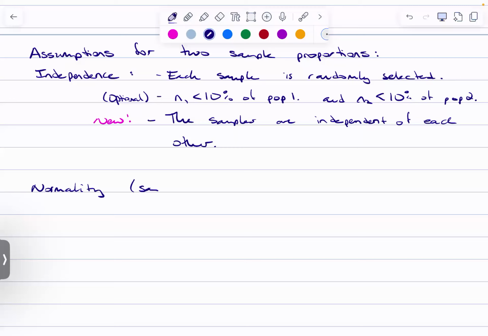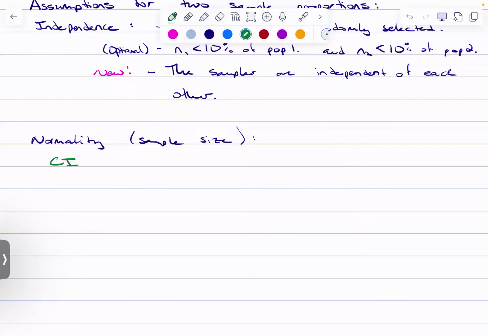The normality or the sample size condition, right? This is where it depends on if I'm doing a confidence interval or a hypothesis test. Now, thinking back to a confidence interval, so let's start with a confidence interval. Thinking back to a confidence interval for one sample proportion, right? We had to have at least 10 successes and at least 10 failures, right? Now I have two groups, but that still has to be true for both the groups. Okay.